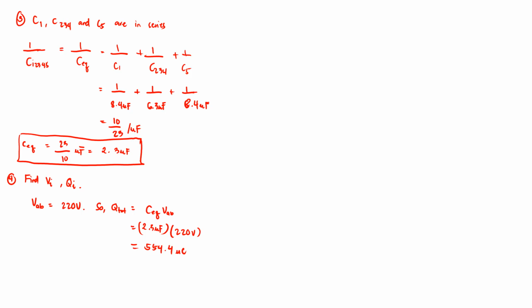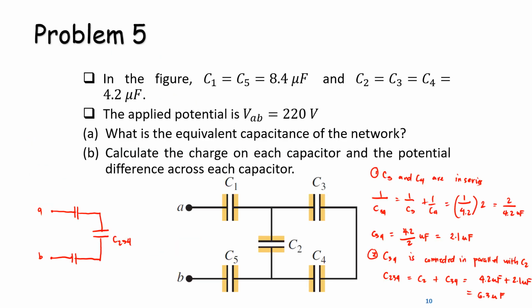We know that, from our figure, C1, C5, and C234 are connected in series. So if the total charge flowing in the circuit is equal to 554.4 microcoulomb, then it is also the charge flowing on capacitor 1.